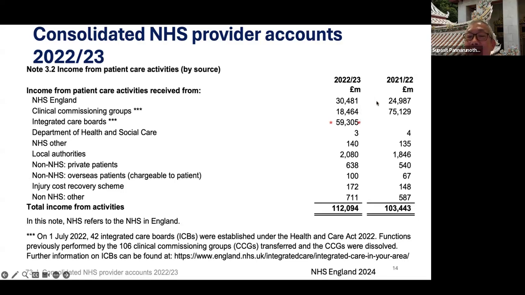They started from 2021-22 to 2022-23, and then they could shift and better define the cost or the expenditure of the NHS that is catered for integrated care.